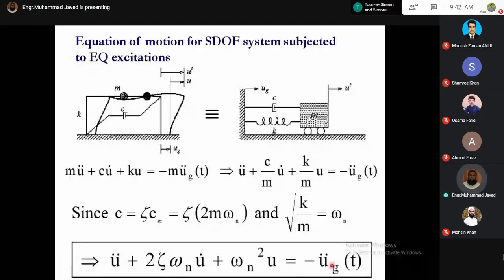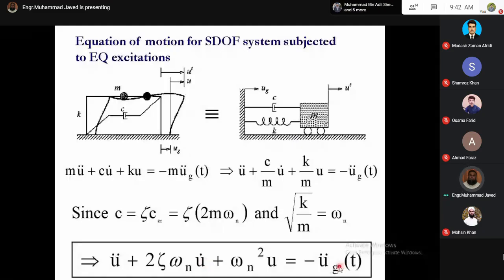With the help of this equation, if we have a ground acceleration at a particular instant of time, we can solve this equation of motion to find the displacement in the structure. So this is the equation of motion which is used for a linear elastic single degree of freedom system subjected to earthquake excitations.